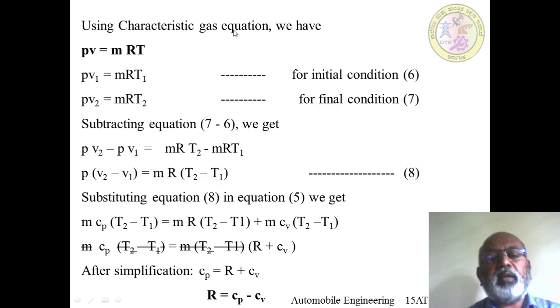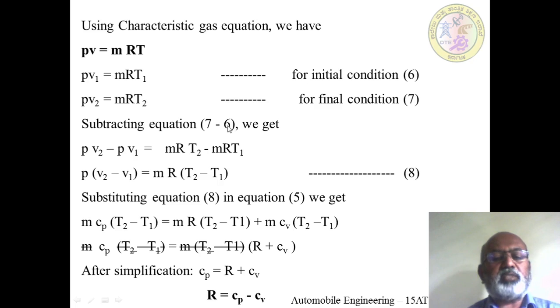Using the characteristic gas equation, as we all know, PV is equal to mRT. For the initial condition, P is constant, so PV1 is equal to mRT1. For the final condition, PV2 is equal to mRT2.